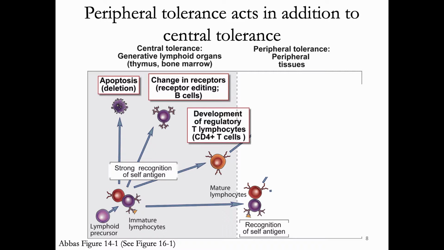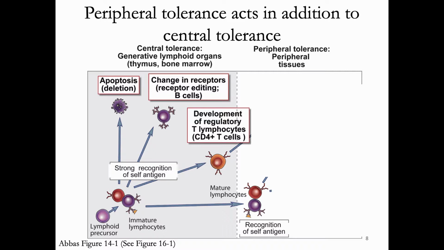But if you were just going to make a parallel to what you see with central tolerance, what might be the first thing you'd think of? And so what could one of the things be that it leads to? What else? Death. We're going to get to anergy too.